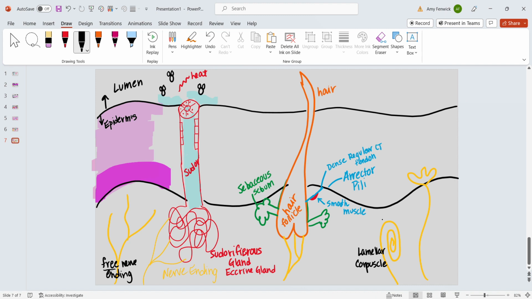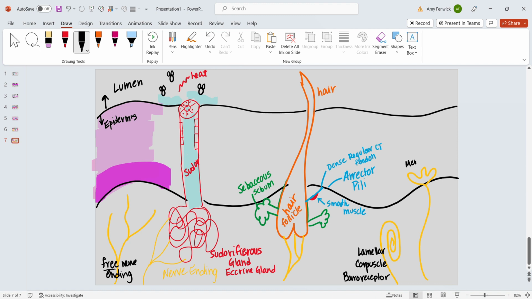Lamellar corpuscles are deep in the dermis, and lamellar corpuscles are capable of sensing pressure. So these are baroreceptors. Now, a lamellar corpuscle being very deep into the dermis, it is only capable of sensing a very heavy touch.